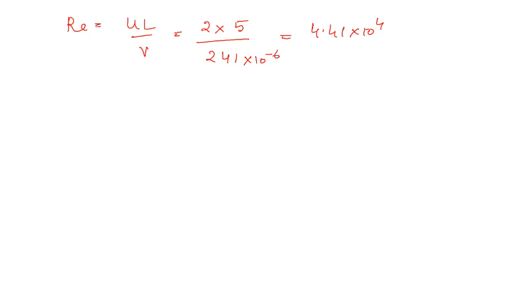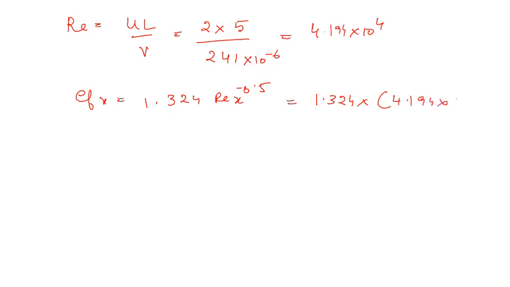The friction coefficient for laminar flow is found as 1.324 Reynolds number to the power minus 0.5, that is 1.324 into 4.141 into 10 to the power 4, to the power minus 0.5.